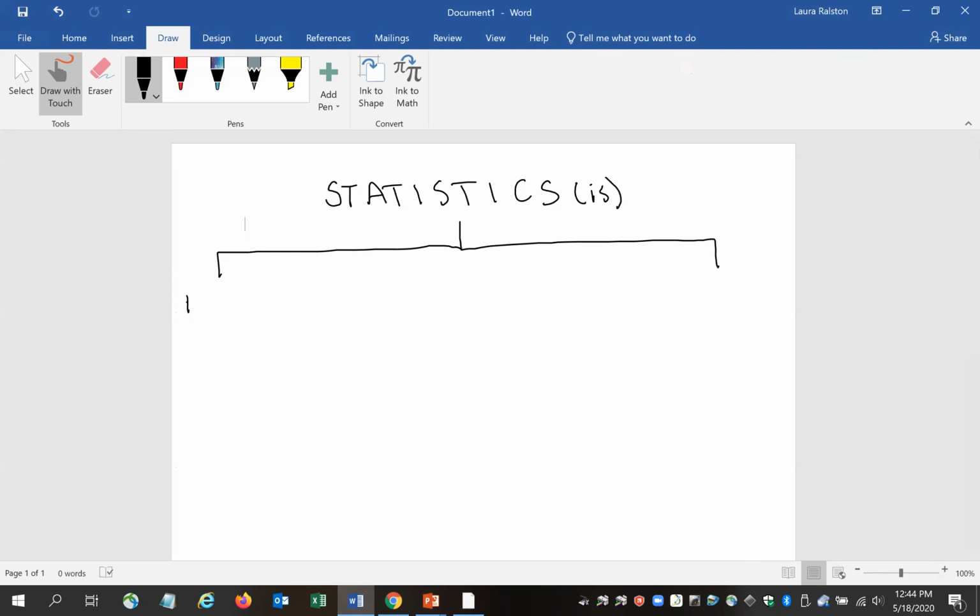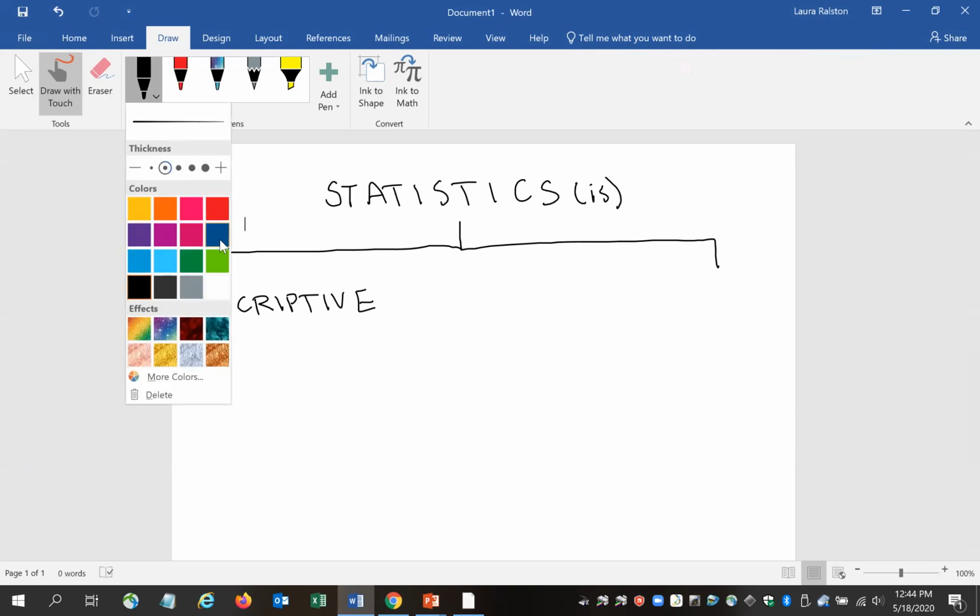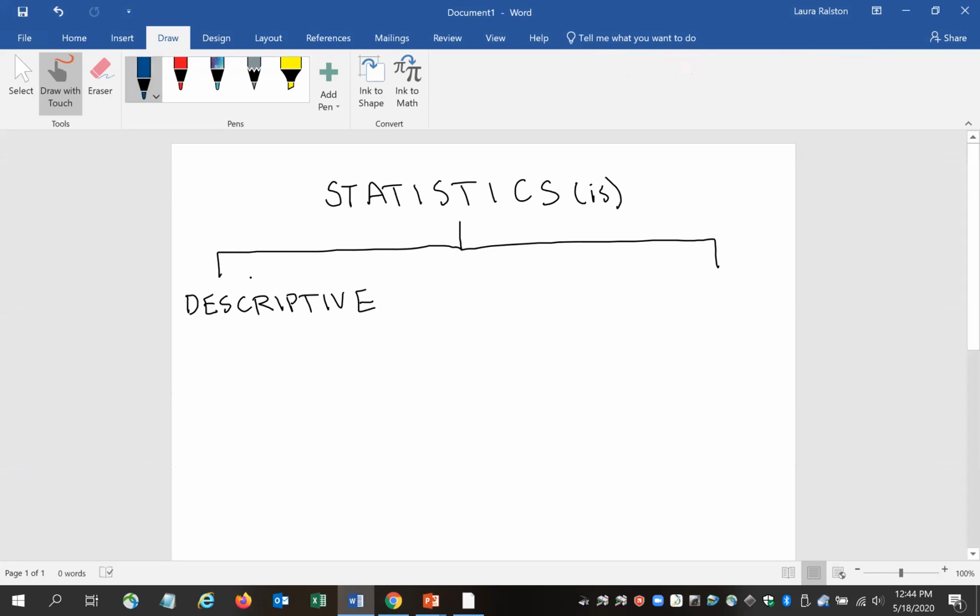On the one hand, you're going to have descriptive. And descriptive is the adjective form of the verb describe.